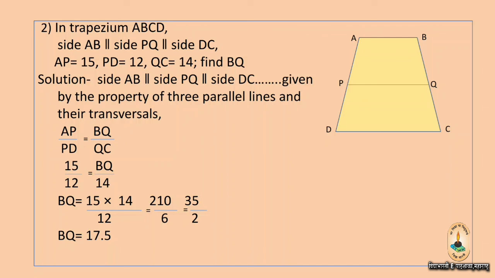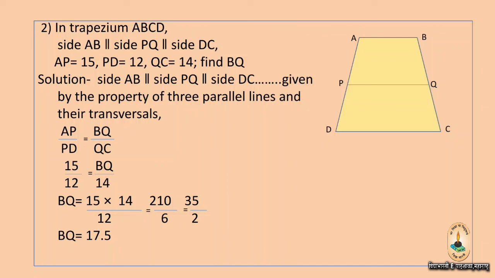Means here we have 3 parallel sides, and let their transversals be AD and BC, and therefore by using the property of 3 parallel lines and their transversals, we get AP upon PD equal to BQ upon QC.